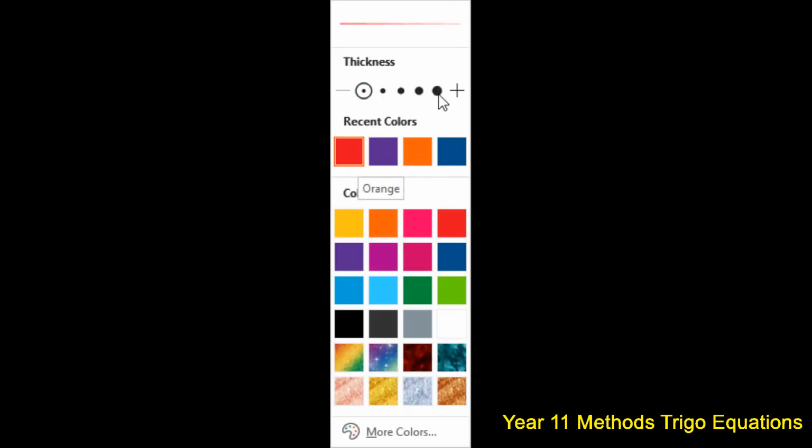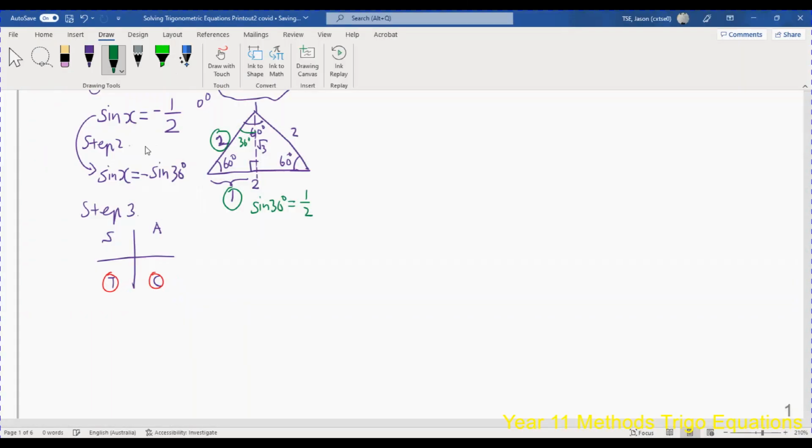So let's try to draw our first angle. So it's 30 here. And also another 30 here. For the first 30, which is in the 3rd quadrant, what would be the angle?